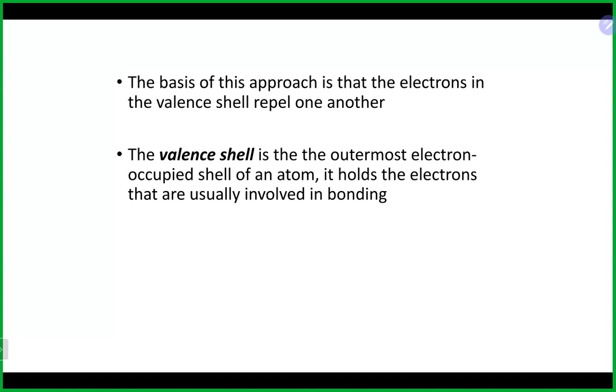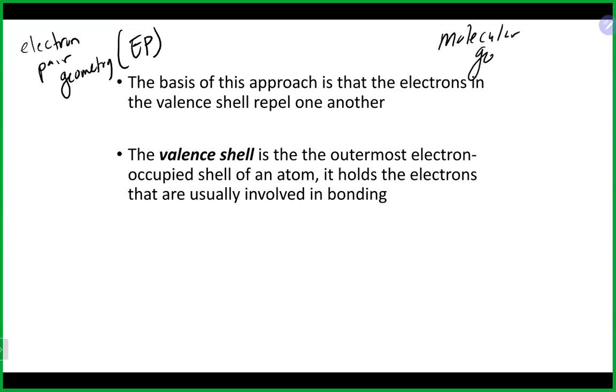We're going to talk about two types of geometry. One is what is known as the electron pair geometry, which I will just abbreviate as EP. That is how the electrons around the central atom are arranged in three-dimensional space. There's also the molecular geometry name, which is also sometimes referred to as the shape.